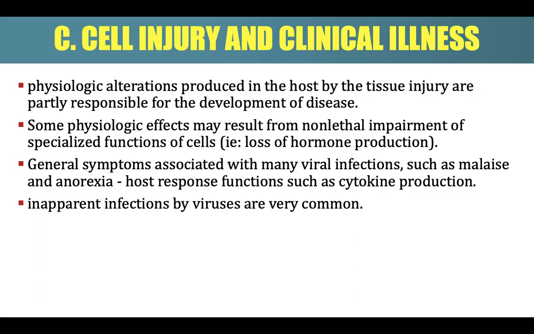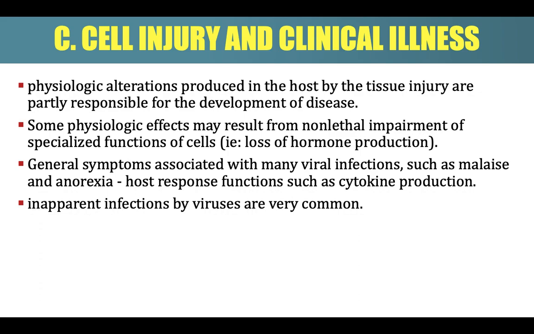The clinical illness from virus infection is the result of a complex series of events, and many of the factors that determine the degree of illness are unknown. General symptoms associated with many viral infections, such as malaise and anorexia, may result from host response functions such as cytokine production.